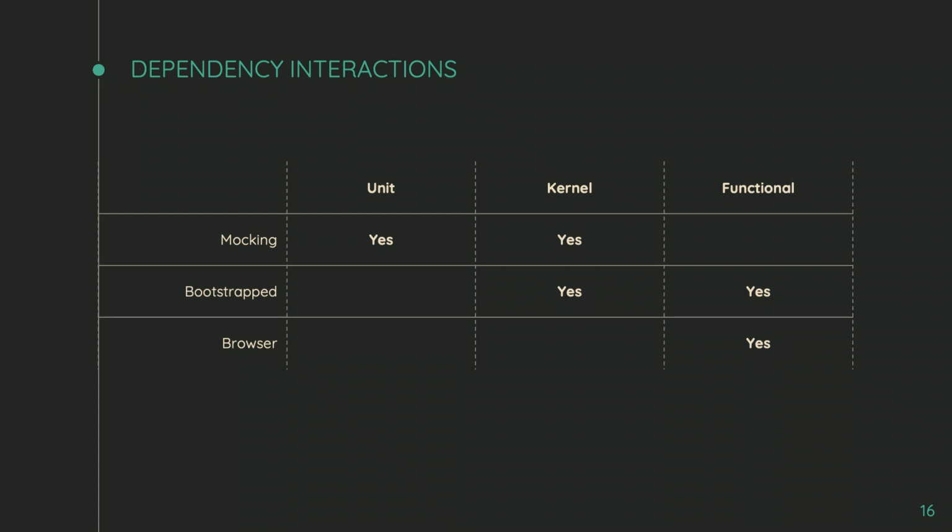I'll touch briefly on Behat and some of the other behavioral tests. The way I like to think about those tests is they are kind of functional, where you're interacting with the browser. But in those cases, more often, you might be running your behavioral tests on an actual copy of the site, as opposed to a functional test, where you are installing a site from scratch every single time you run the test, and you're only installing the modules that you want to test.